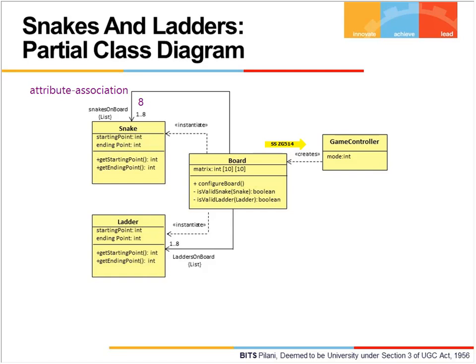It is not shown. The attributes are written using a different notation, right? So there can be two notations for writing the attributes. Either you capture it here in the class or you capture it using an association line. So in this case, I've captured it using an association line.